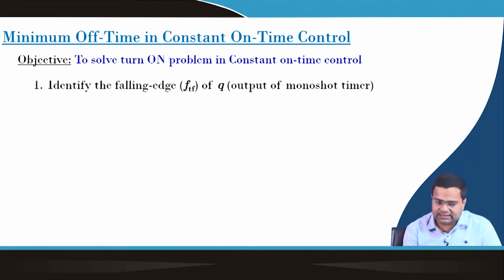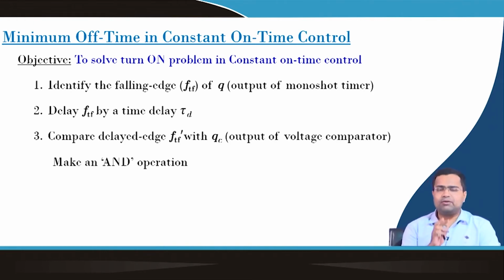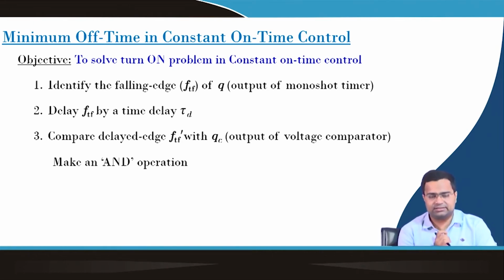We have discussed this: we need to identify the falling edge of the Q, the output of the monoshot timer, and delay this signal by a tau d time delay. Then we compare this delayed falling edge trigger signal with the comparator output.